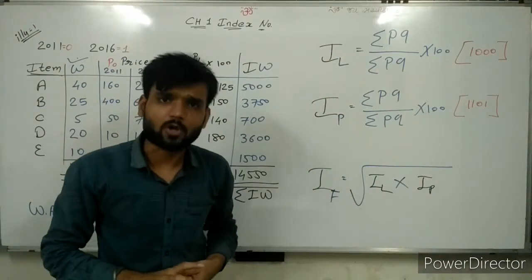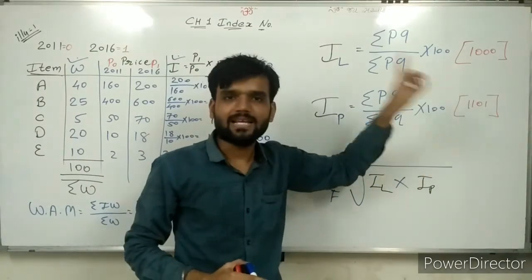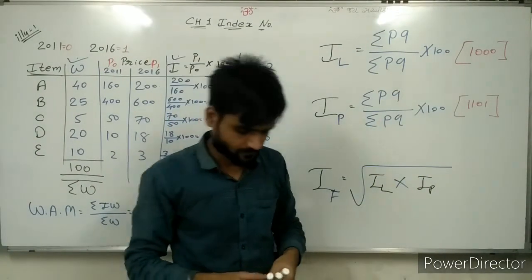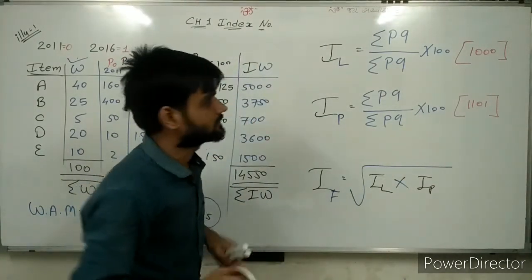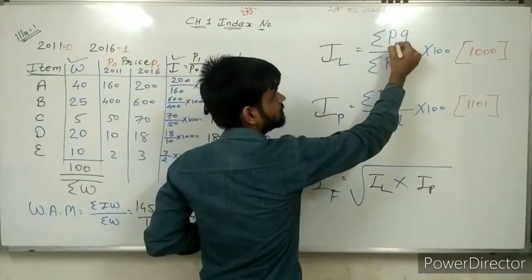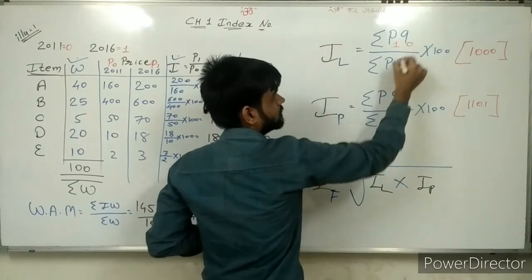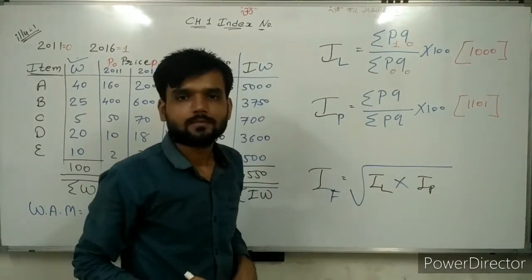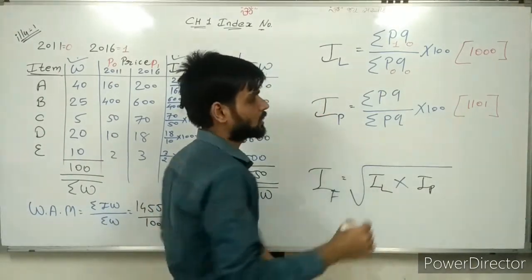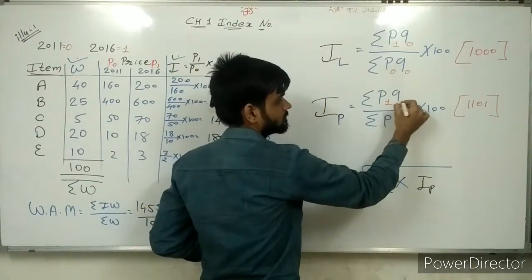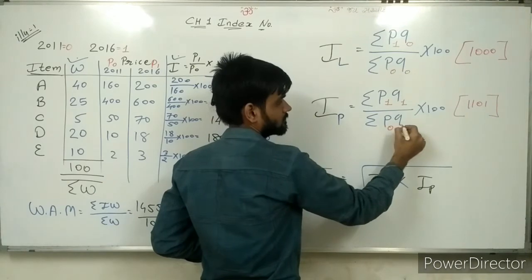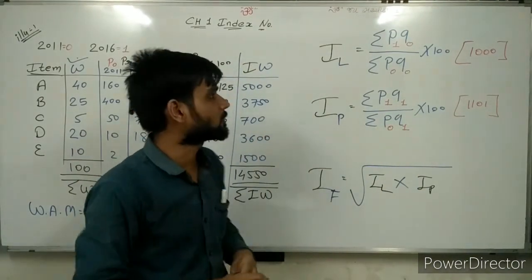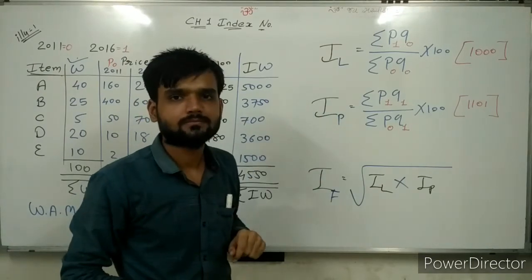To remember this formula, 1000 1101 is written. So what does 1000 mean? And what does 1101 mean? So actually, what are the formulas of Laspeyres and Paasche?